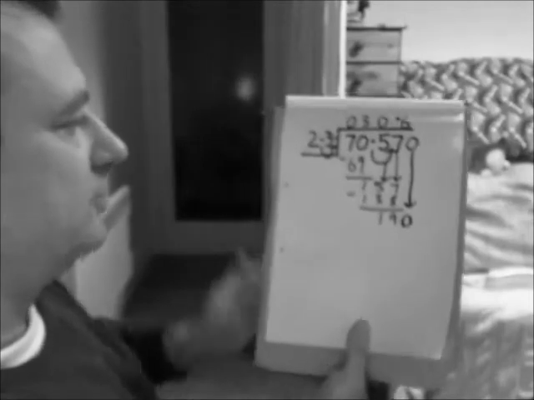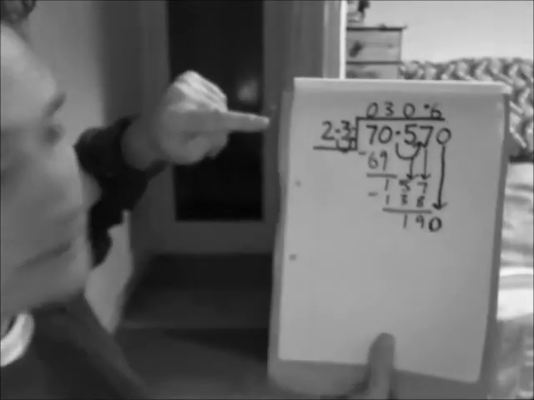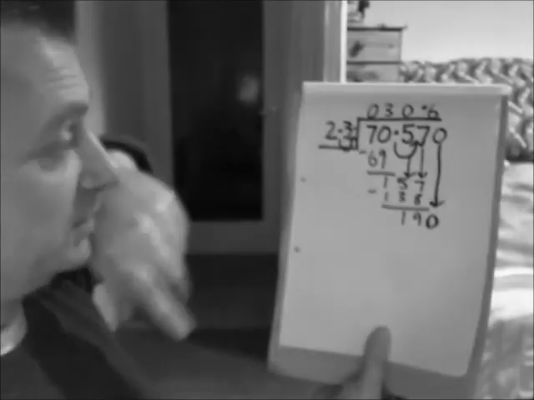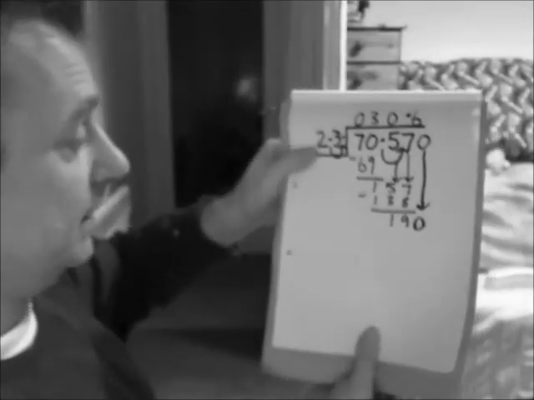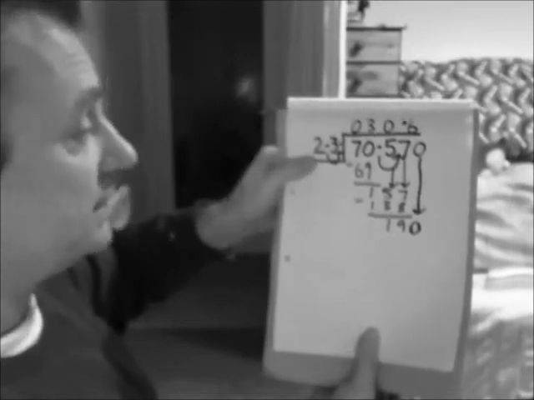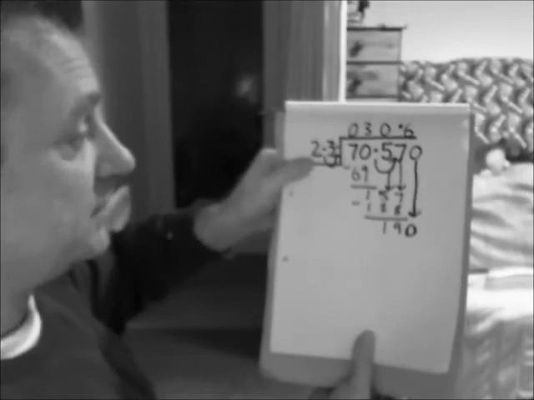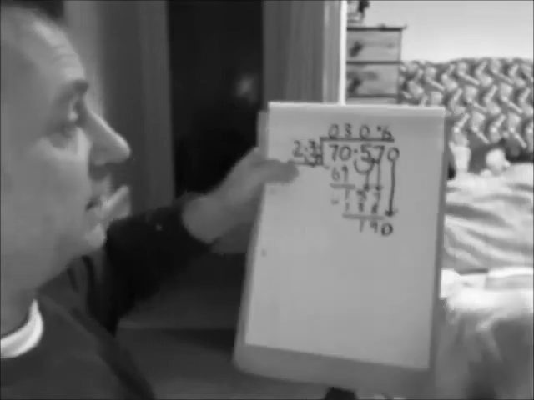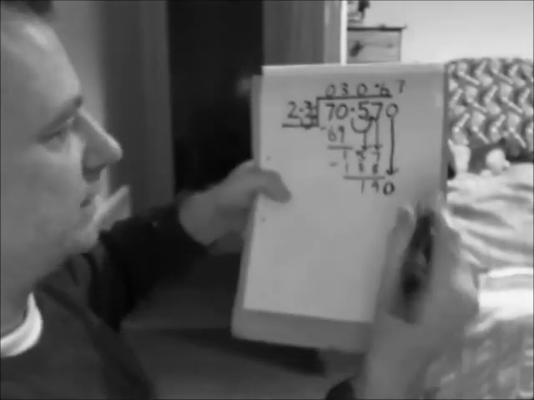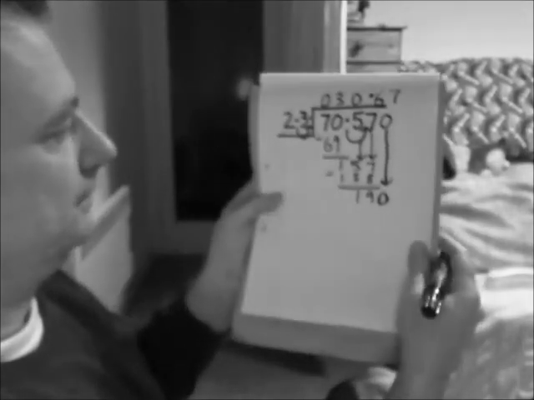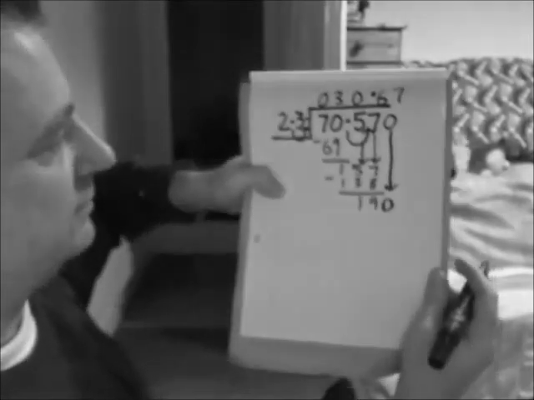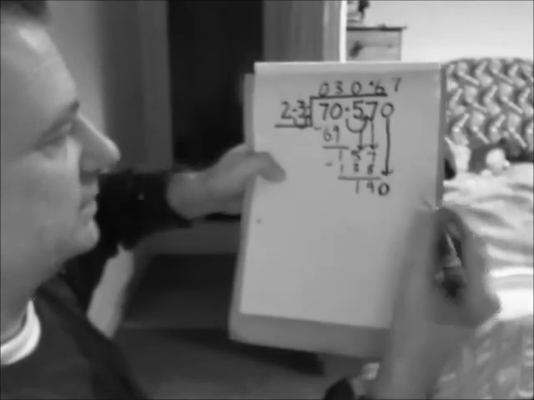Now that we've brought another number down, we can once again say how many times does the divisor go into this number here, which is 190. Well, that's going to go in 7 times, isn't it? 7 times 23, 7 times 20 is 140, it's 161, isn't it?